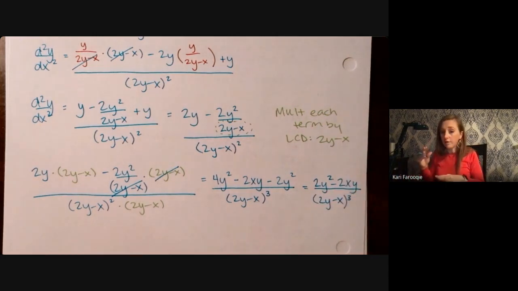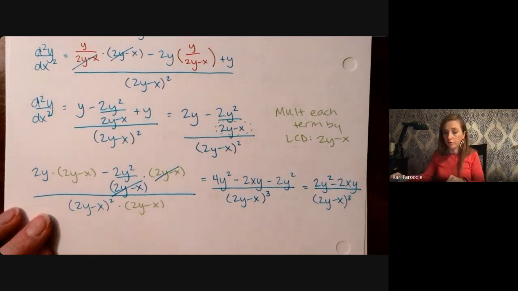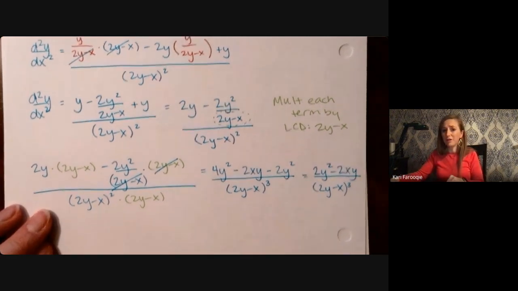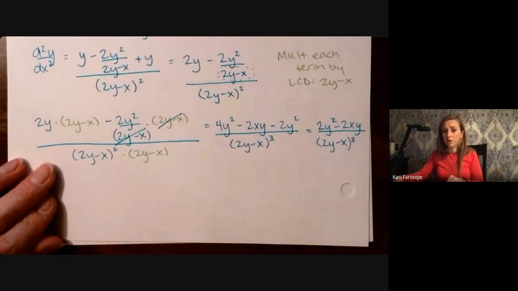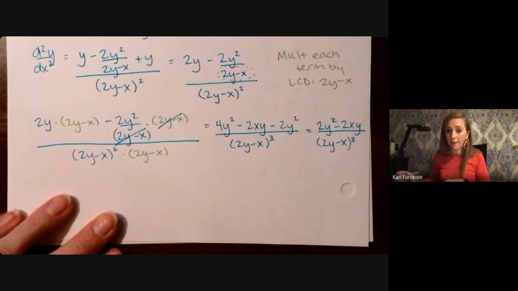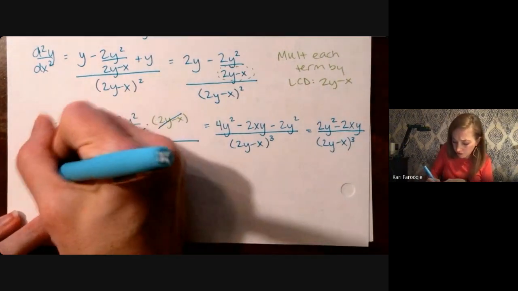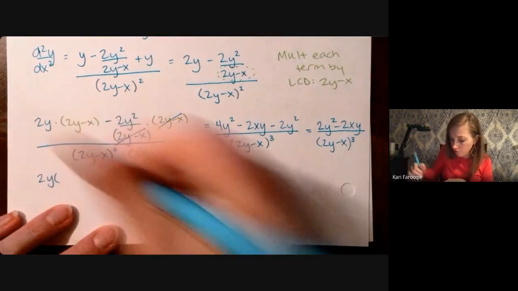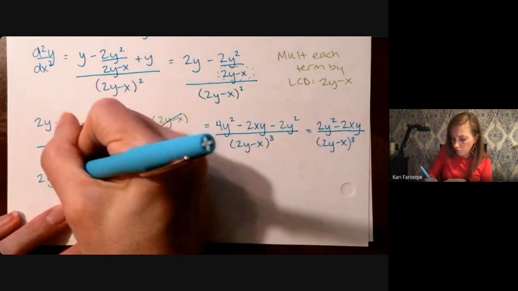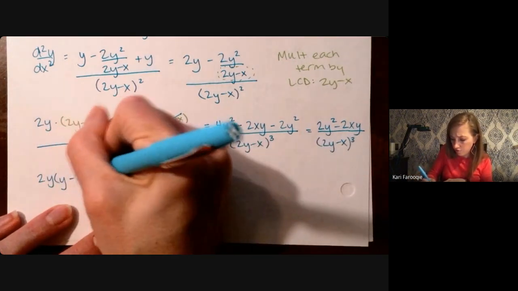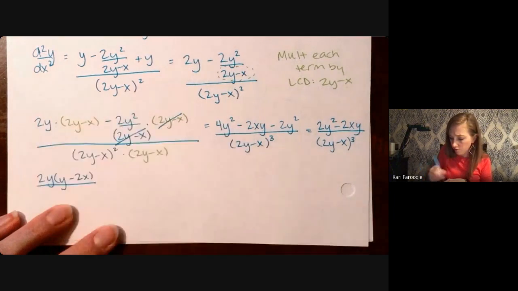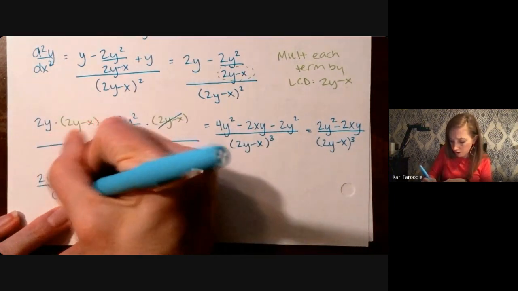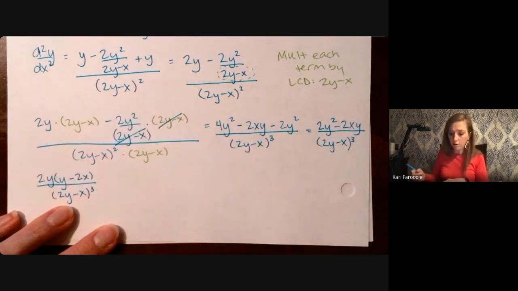You're seeing lots of these repeated factors. So if I were you, I'd look again at that numerator and see if there's anything else that you can simplify. For instance, I know that each term in the numerator has a 2y in it. If I factor that out, I can say, all right, well, I got a 2y here. That leaves me with a y minus a 2x divided by 2y minus x cubed.